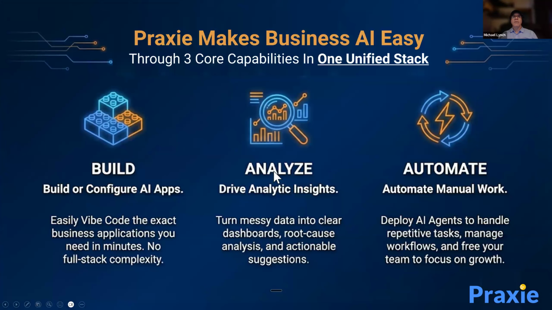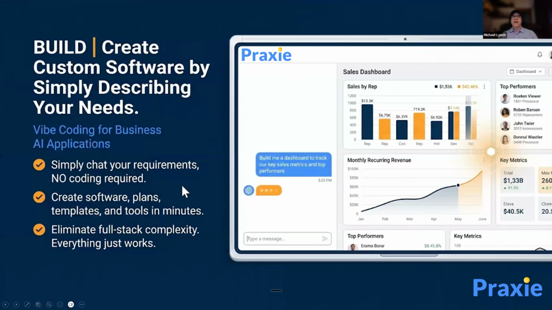The main capabilities of Praxie that we bring to demand planning and others are three pieces. First, the ability to build the applications, and I'll show you a quick interface of this so you can understand how this works. You can build them and modify them to your exact specification very rapidly. The second is the analytics engine that allows us to do things like demand planning, or any type of data you feed into Praxie can be analyzed.